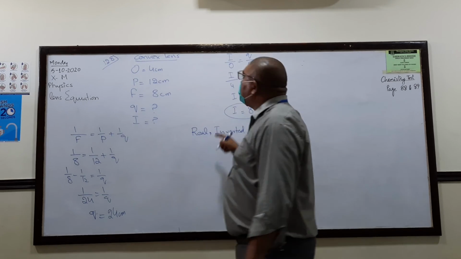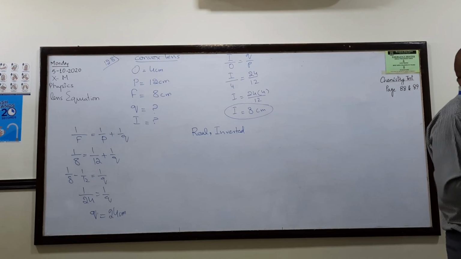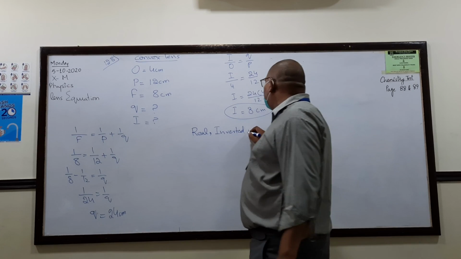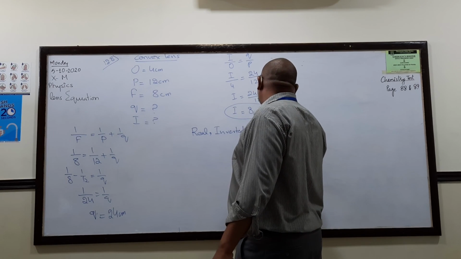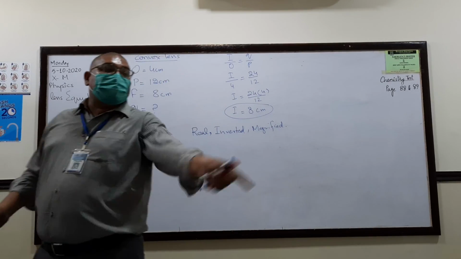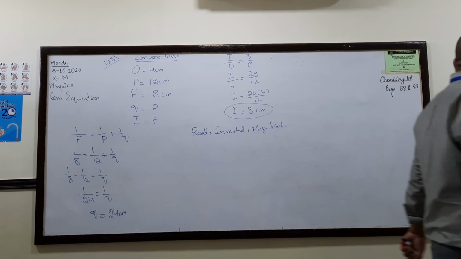You can see the height of the object was 4 and the height of the image is 8. The image is larger, so it is magnified. So check the answers if the answers are good. You understand this thing? Okay.